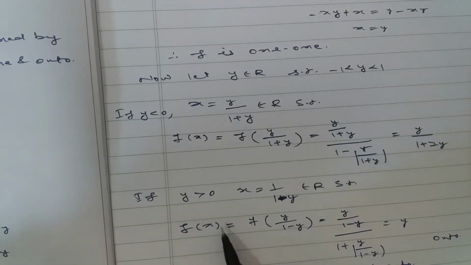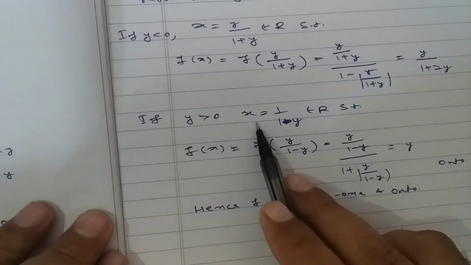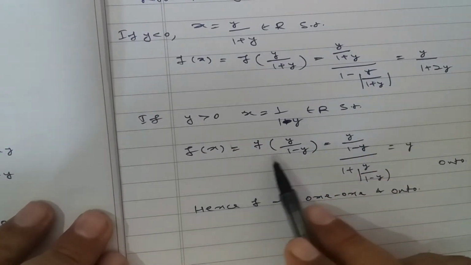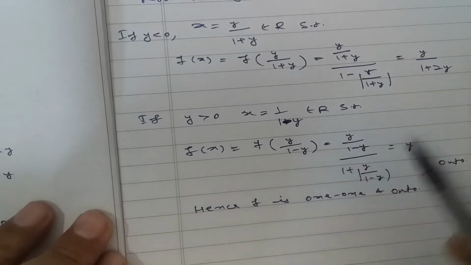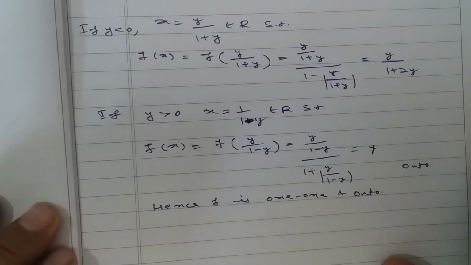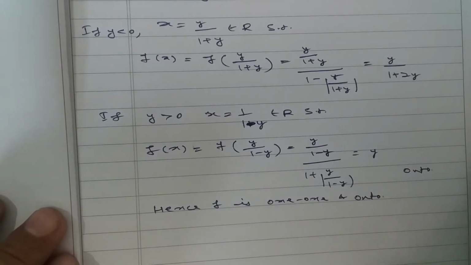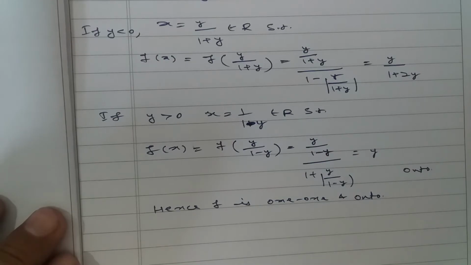If y is positive, then there exists x such that f(x) is y upon 1 minus y. Again you may put these values and calculate, it will be y. Hence the function is onto. So clearly the function given to us is one-one as well as onto.